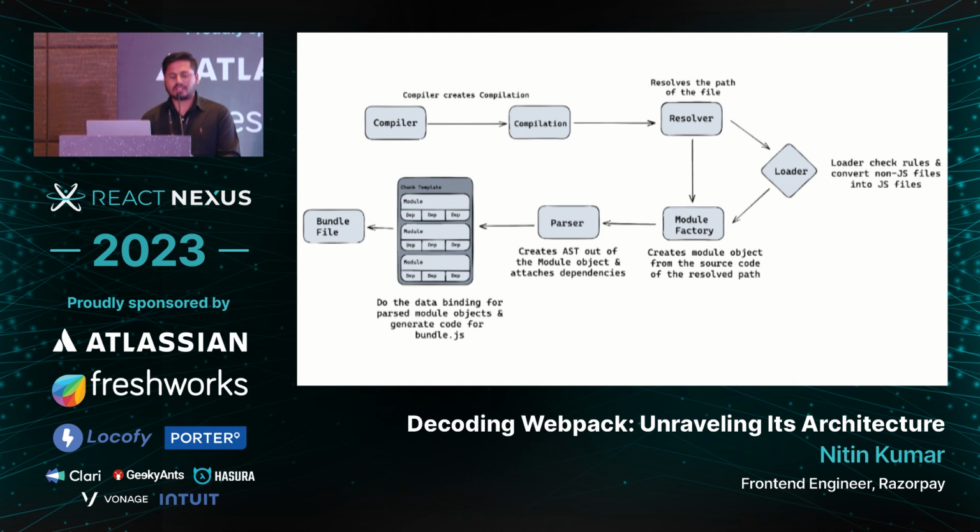Once the request is successfully resolved, it will pass it to the module factories. The module factory will read the source code, create a module object from the resolved path, and then pass it to the parser. The parser will create an AST out of the source code, read all the import statements, and create a chunk, pass it to the chunk template, and then the chunk template will do the data binding of the passed module object and create the bundle file.